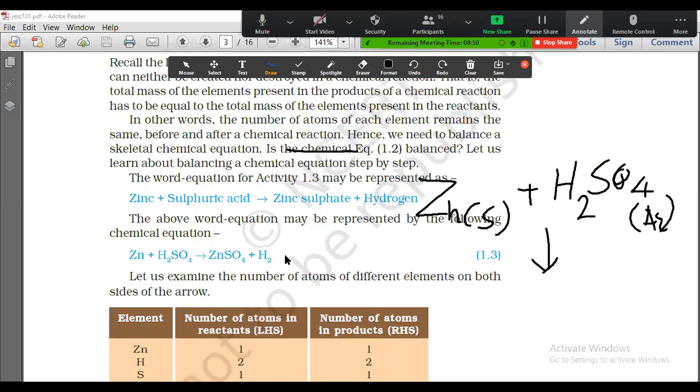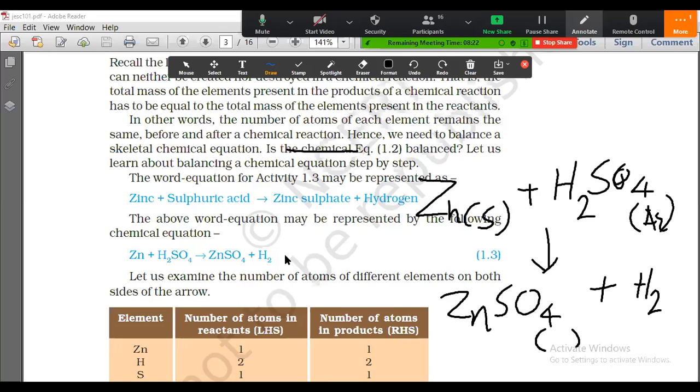And the arrow, then zinc sulfate plus hydrogen. Now what will be the symbols with ZnSO4 and H2? Zinc sulfate, in what form will it be? Solid? Does it precipitate?